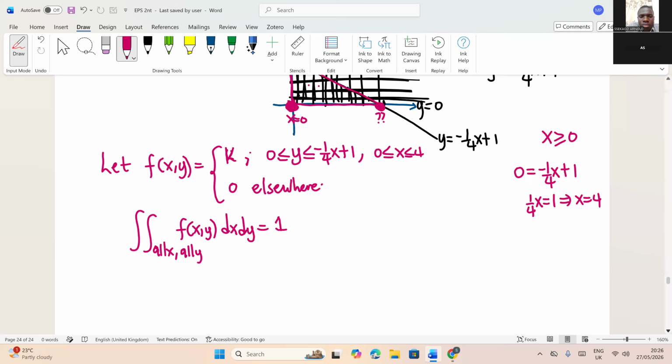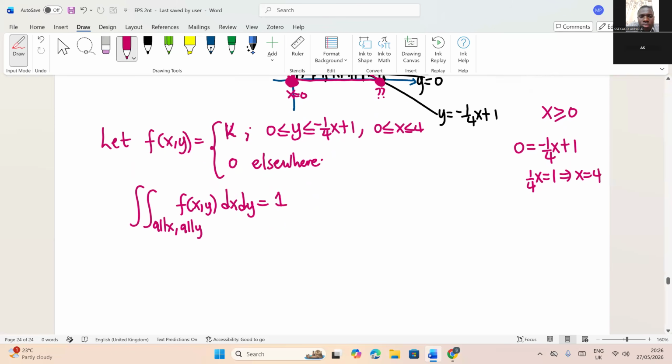So I'll have the integration from 0 to 4, those are the limits for x. Then y starts from 0 to negative a quarter x plus 1. I am integrating k.